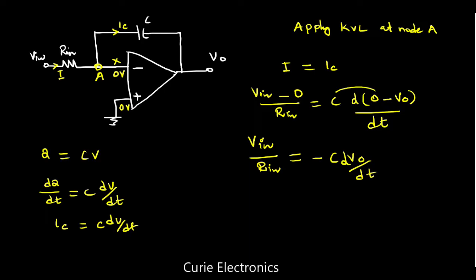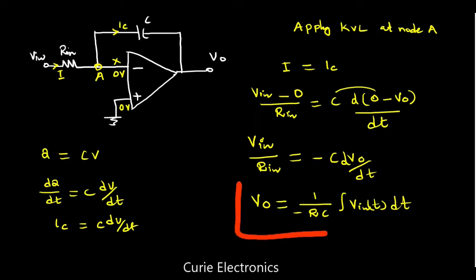So if we simplify this, we will get V0 equals minus 1 upon RC integral of V in t dt. So this is how we derive the equation.